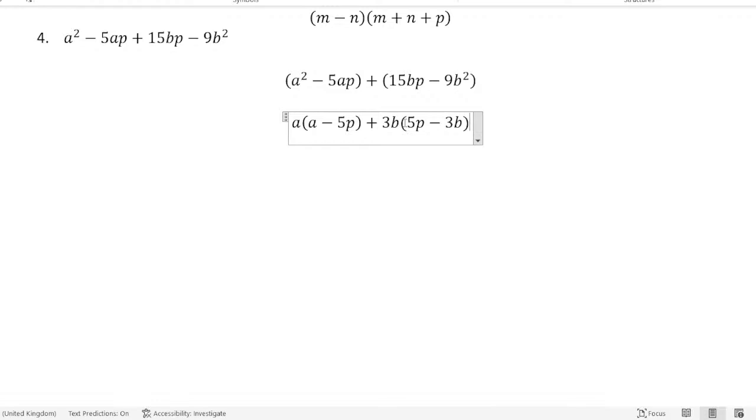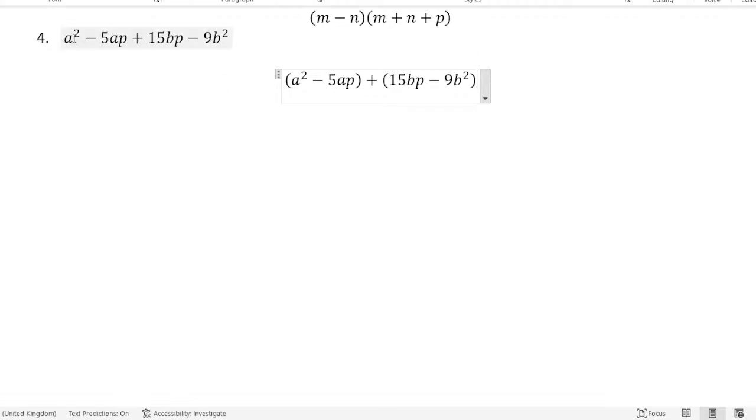All right, so here as you can see, we have a squared minus 5ap plus 15bp then minus 9b squared.